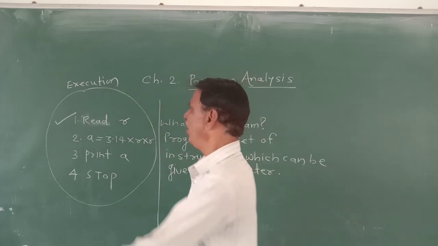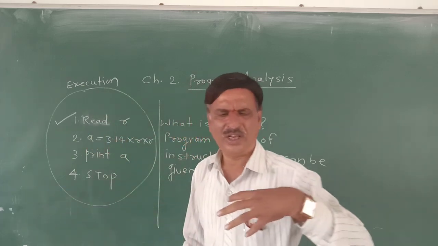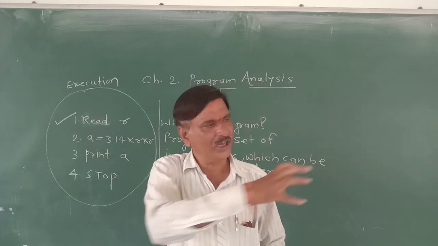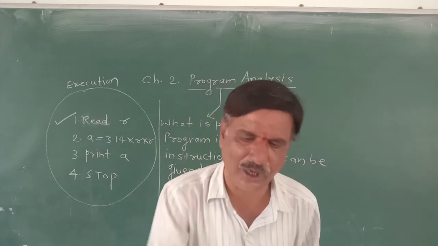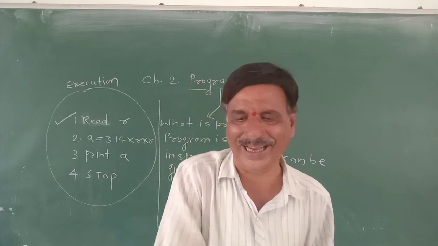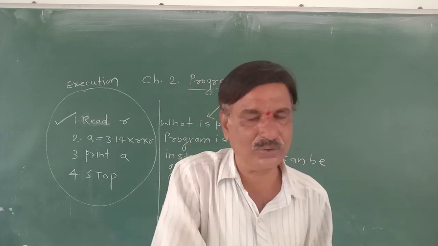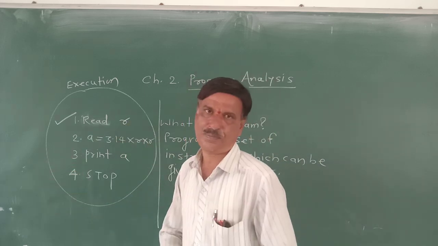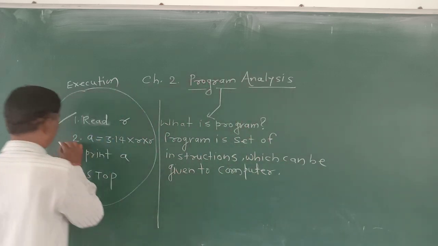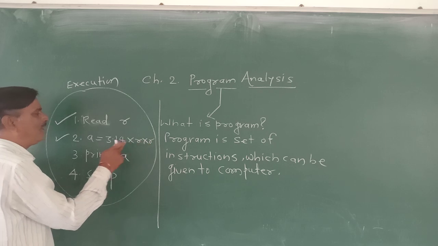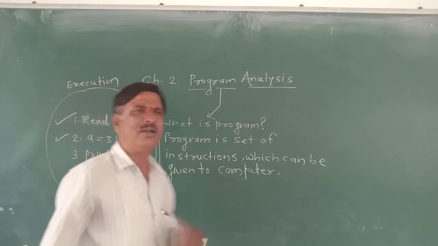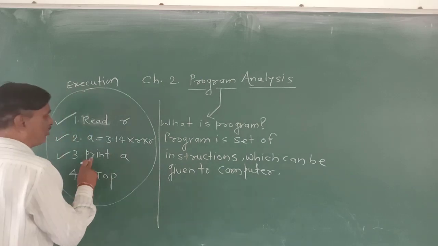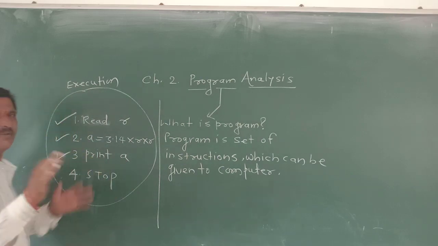So what will happen? When the first instruction is executed by the computer, according to this instruction, it will read the value from the keyboard, whatever value we input. Say we have input 8. So whatever value is given by the keyboard, that is 8, will be accepted and stored in R. Then the second instruction will be executed as 8 into 8 into 3.14, and the result is available in A. After that, it will follow the third instruction. It will print on the monitor whatever the outcome is.